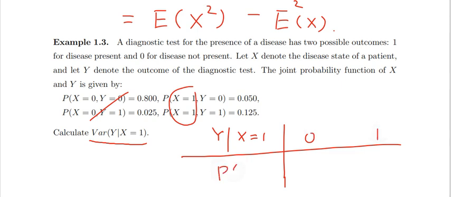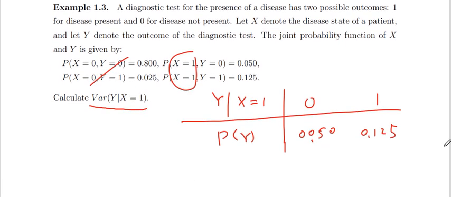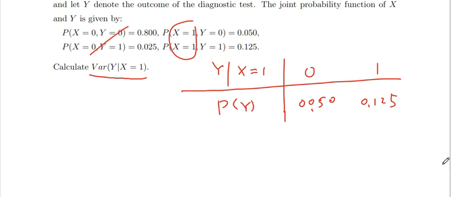The original probabilities are 0.05 and 0.125. This is not a distribution, so we change it to a distribution. Y can be 0, 1.